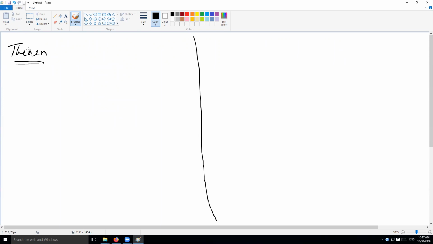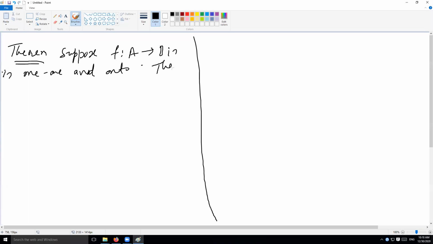So here's the theorem that says: suppose f from A to B is 1-1 and onto.